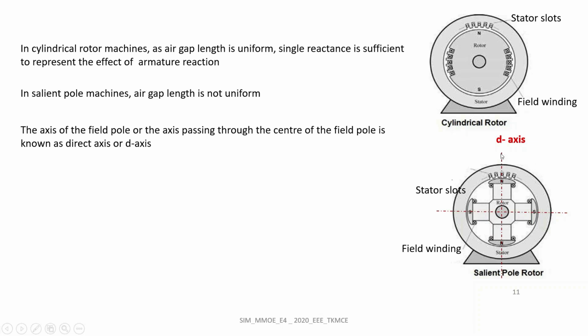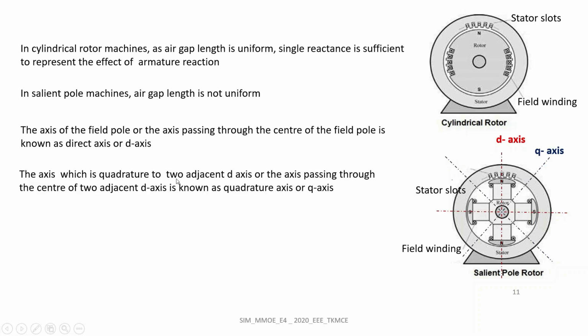Then the axis which is midway between two D axes is known as the quadrature axis. That is the axis which is quadrature to two adjacent D axes, or the axis passing through the center of two adjacent D axes, is known as the quadrature axis, or simply Q axis. So the blue line indicates the Q axis.